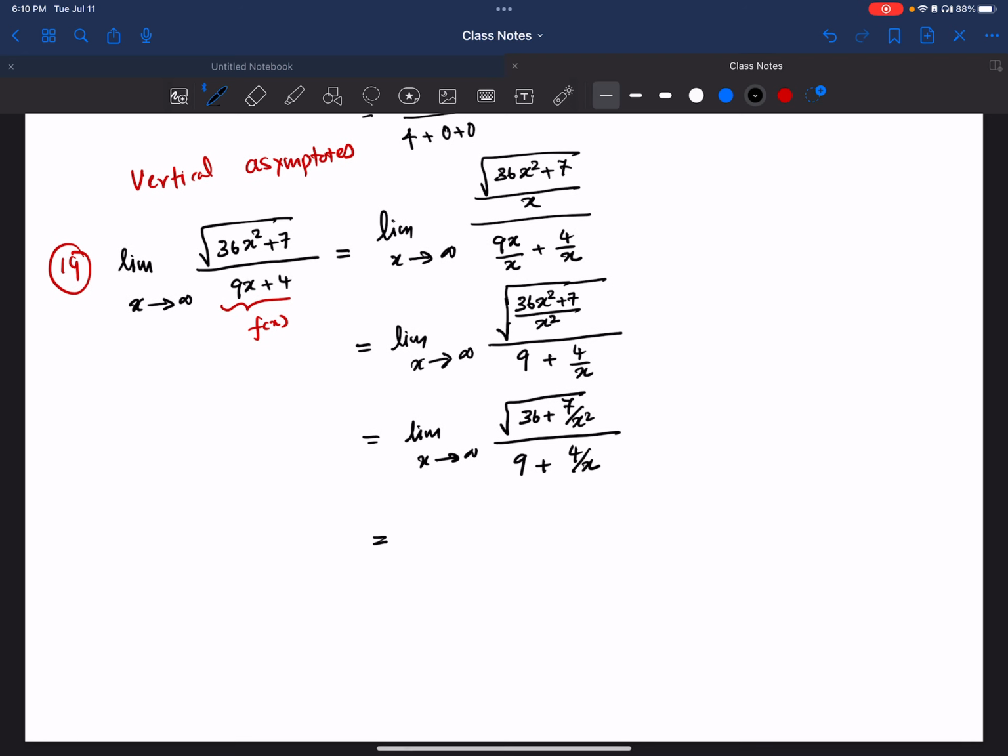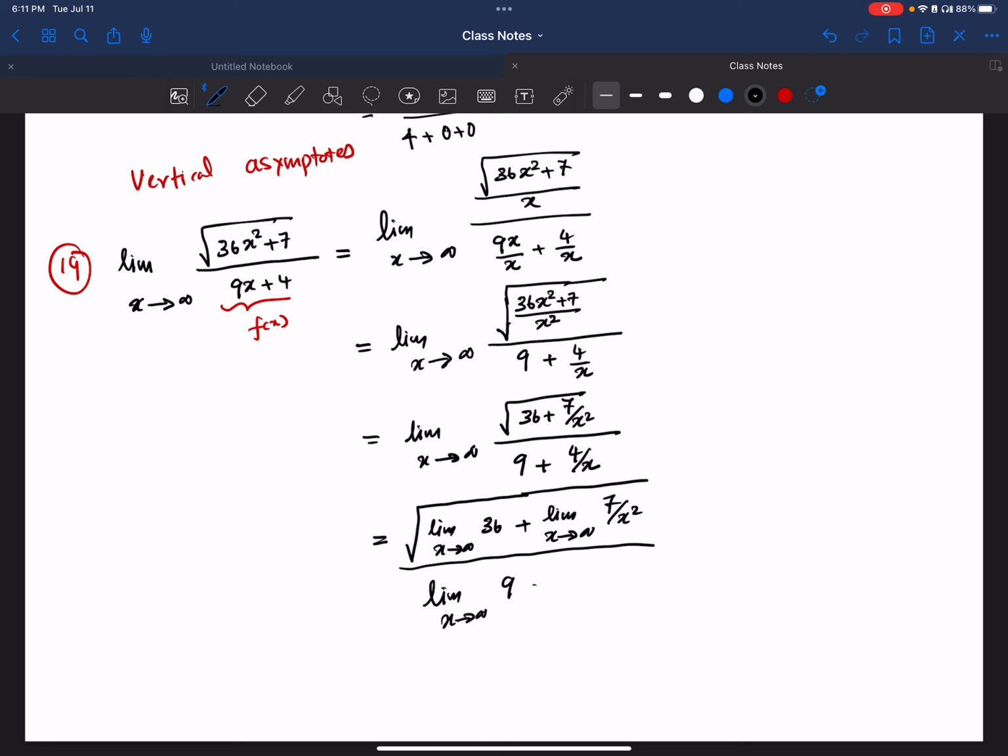Now we can use the power rule or square root rule, and then we can move this limit into the square root. So it's going to be the square root of the limit as x goes to infinity of 36 plus the limit as x goes to infinity of 7 over x squared, divided by the limit as x goes to infinity of 9 plus the limit of 4 over x.